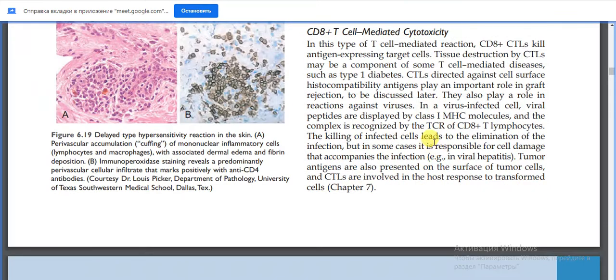Okay, and also in virus-infected cells, viral peptides are displayed by class 1 MHC molecules, and the complex is recognized by the T cell receptors of CD8 positive T lymphocytes, and it causes the killing of infected cells. But sometimes it goes too fast, and as we discussed before with group number 4, T lymphocytes are very active in viral infection and might be too active.